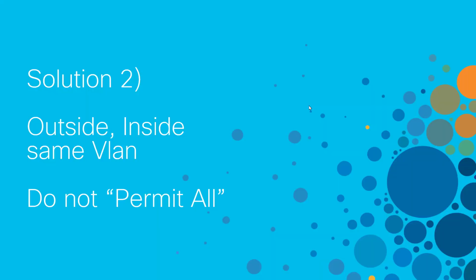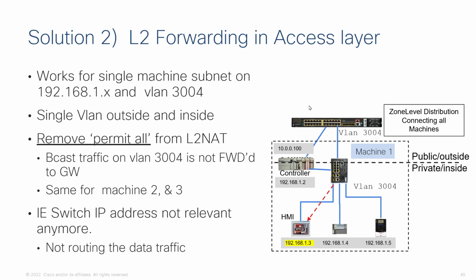Let's take a look at solution 2, where we're going to use the same VLAN for inside and outside, but not use permit all. I'm calling this layer 2 forwarding in the access layer to differentiate it from a routed access in the access layer. So we have a single machine working on VLAN 3004, the same VLAN inside and outside.